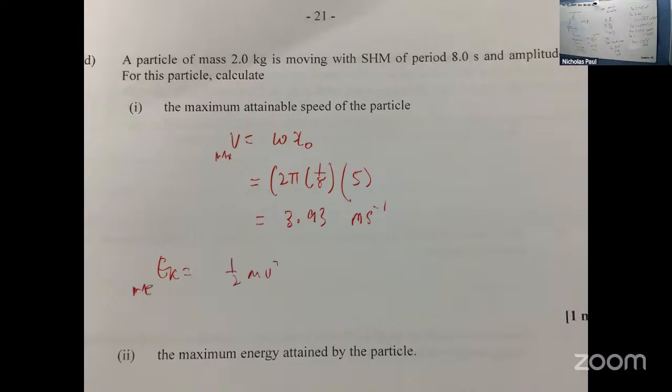So therefore, maximum kinetic energy will be a half mv squared. So that's a half by 2 by 3.93 squared. How much? Yeah, 3.93. There you go.